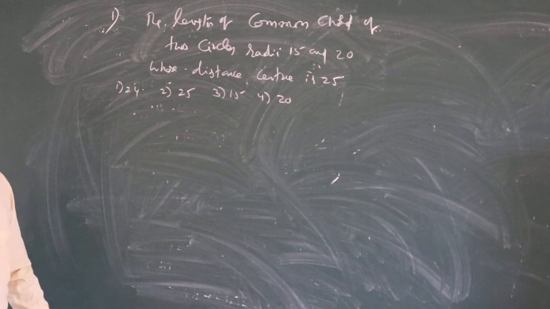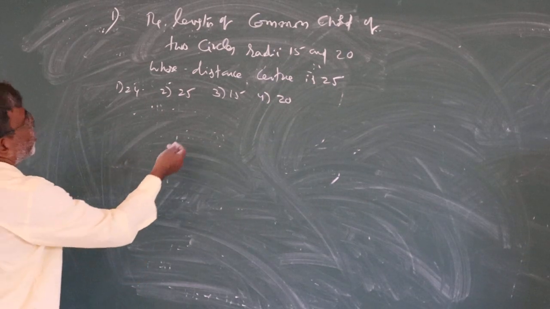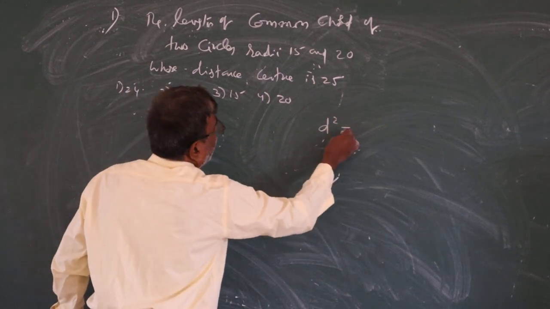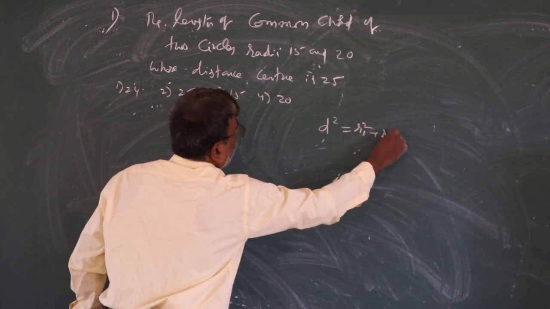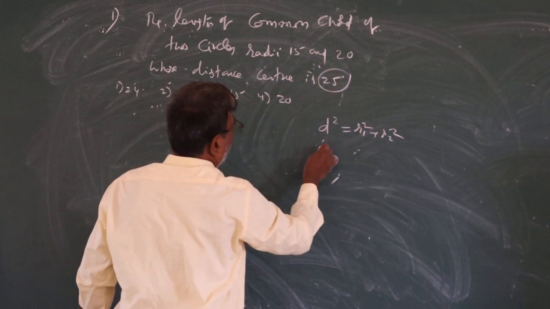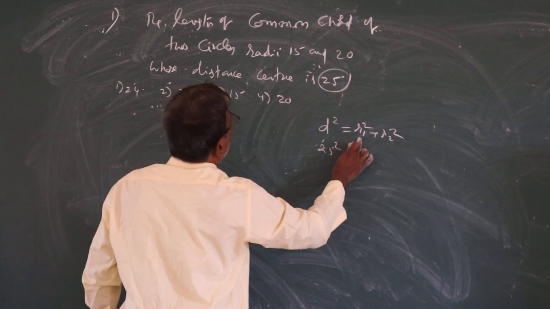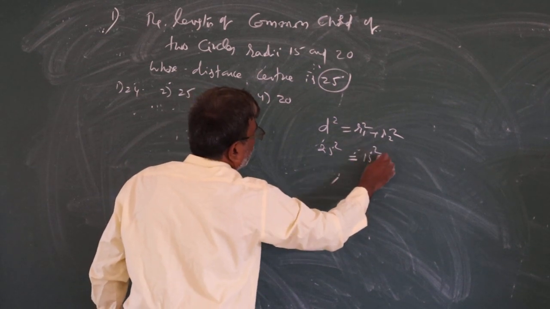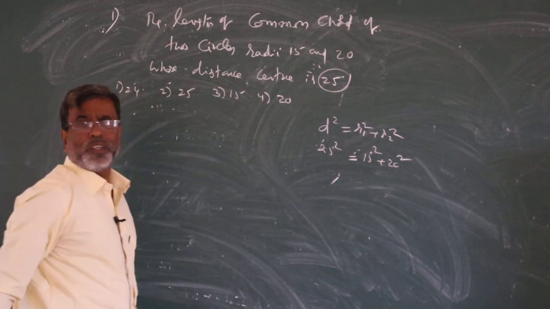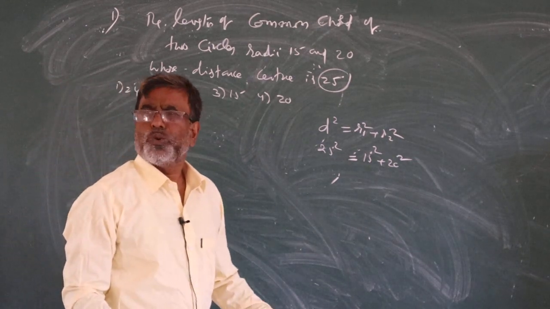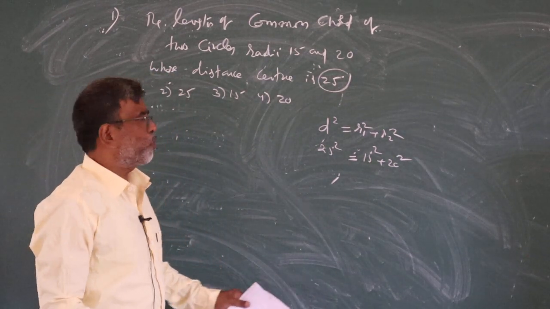What is the concept behind this? Suppose d square equals r1 square plus r2 square. d is given, 25 is given. 25 square equals r1 square, 15 square plus 20 square. So d square equals r1 square plus r2 square.